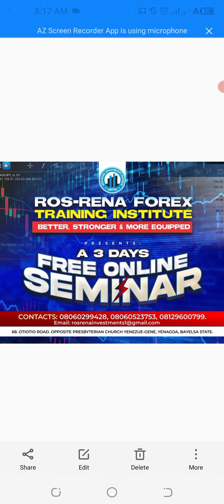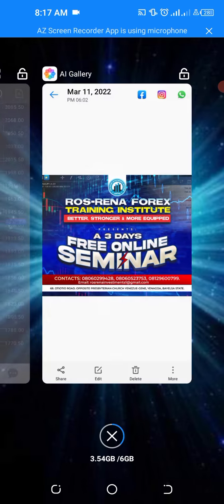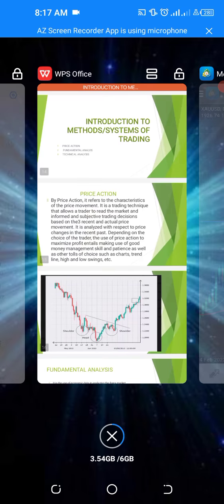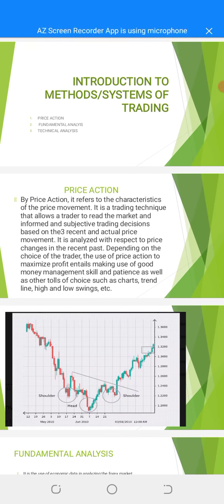For this next topic, we are going to talk about methods or systems of trading. In forex trading, we have basically three methods or three approaches to trading. The number one of them is price action.